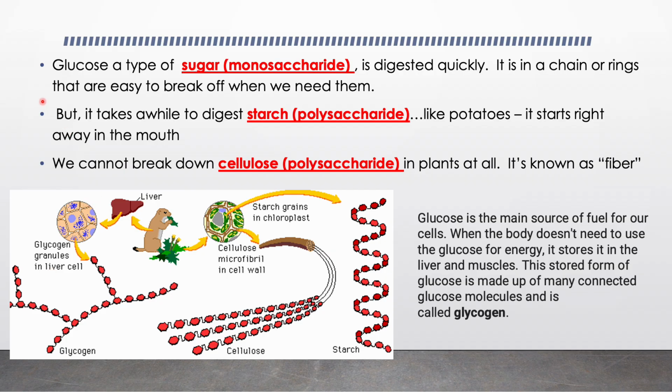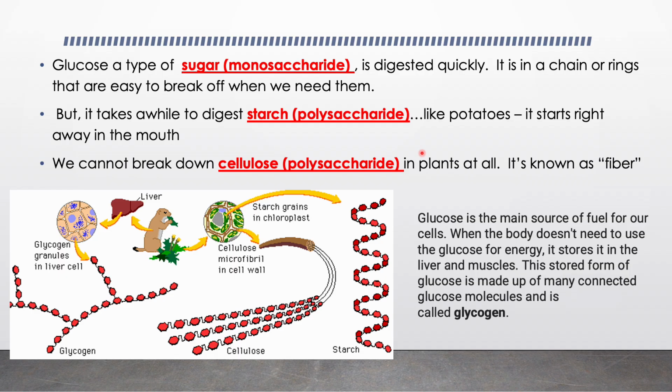Okay, glucose is a type of sugar. Again, it's a type of monosaccharide, one sugar ring. It's quickly digested to give us that quick boost of energy. But something like a starch, this represents a starch. This is a polysaccharide because you have many sugar molecules connected. Polysaccharide starches would be something like potatoes.